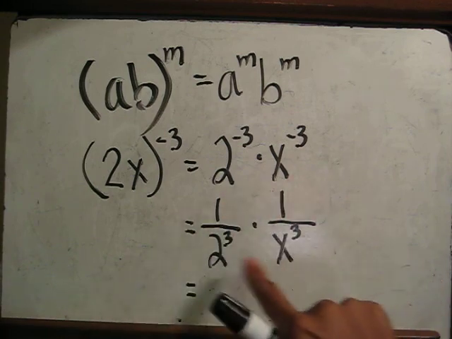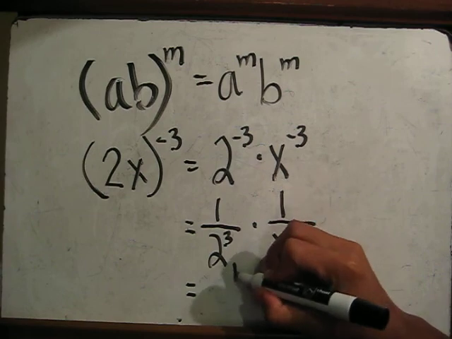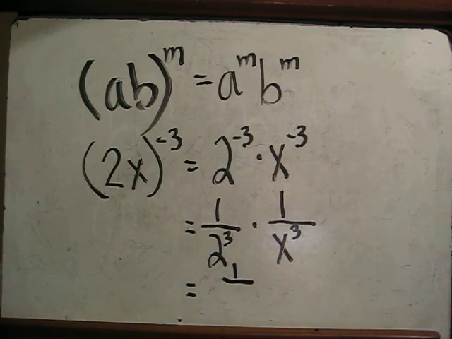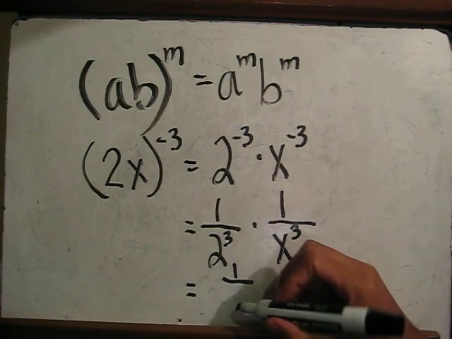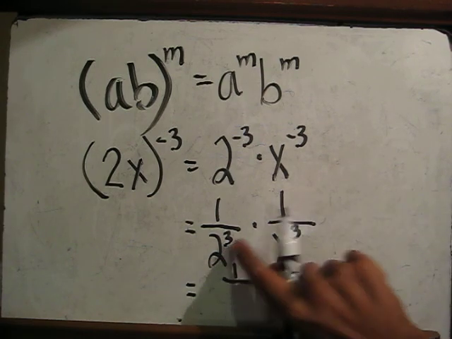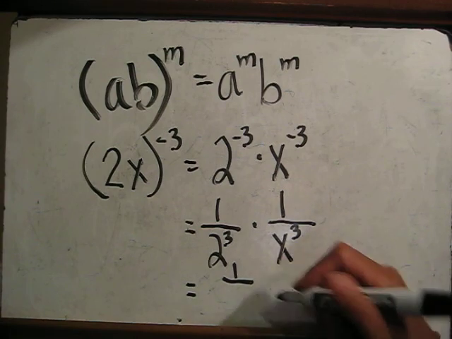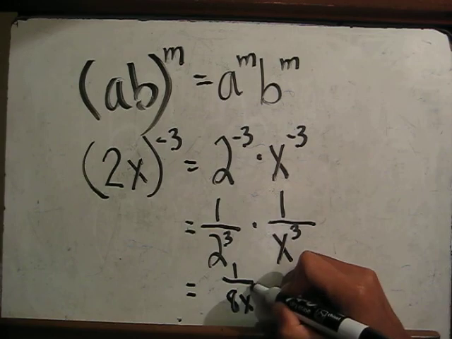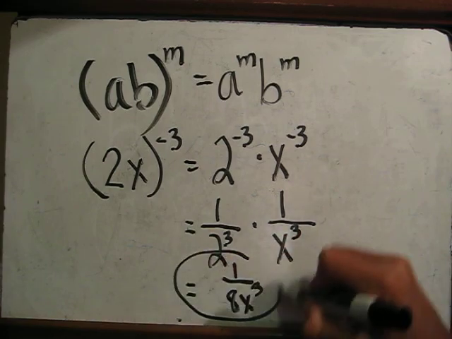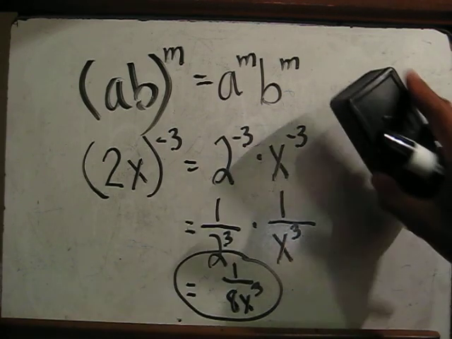This is multiplying fractions, so 1 times 1 is 1, and 2 to the 3rd is equal to 8, so 1 over 8 times x to the 3rd.